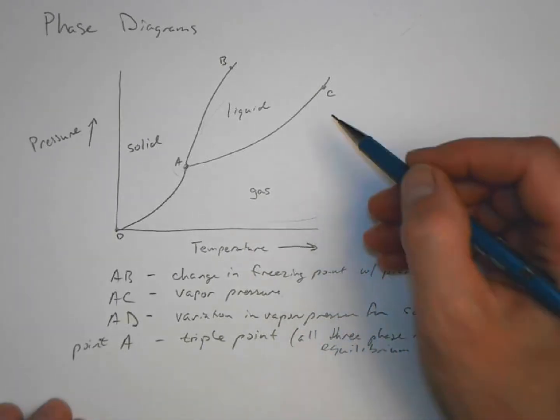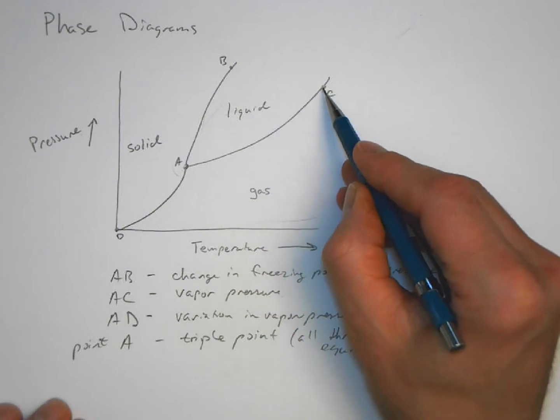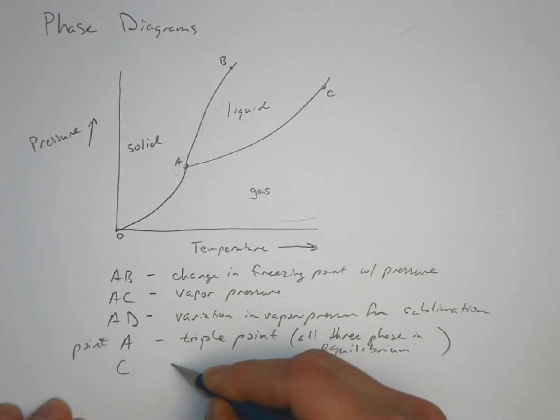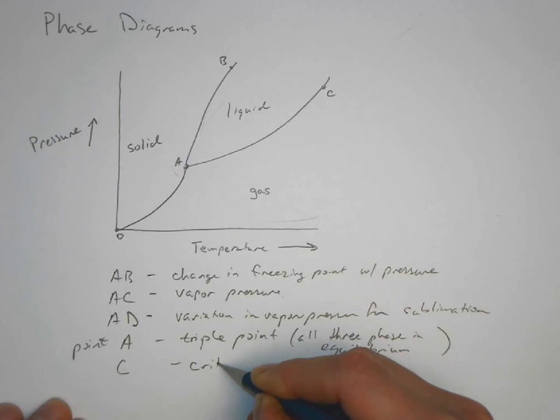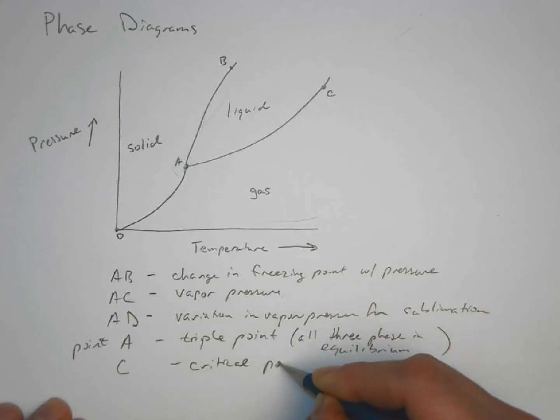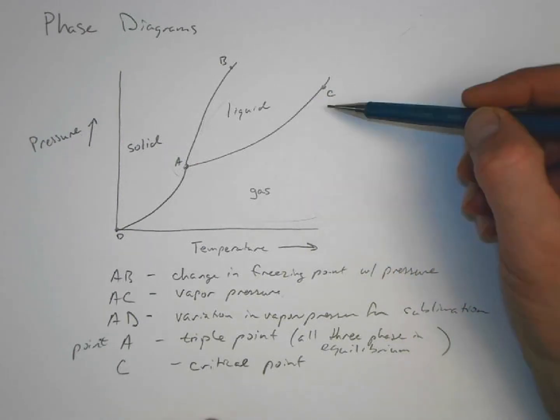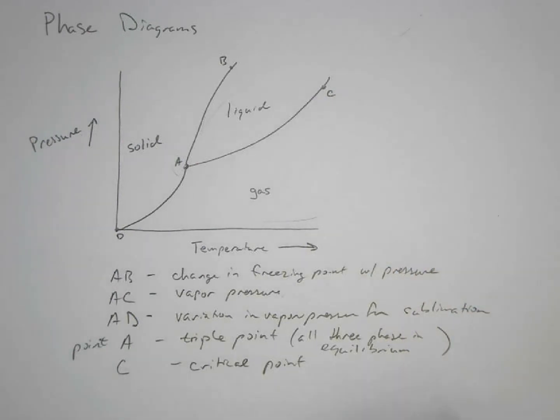And then finally, one other point I want to point out is C, this point here. That's something called the critical point. It's a temperature and pressure above which the substance really no longer exists.